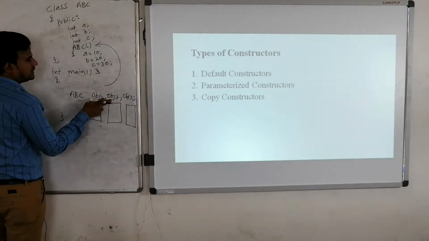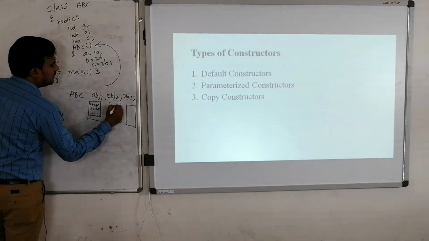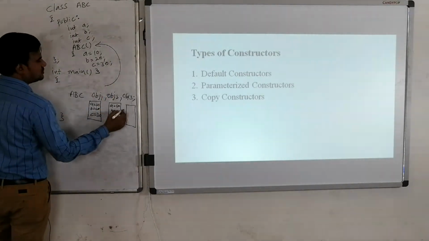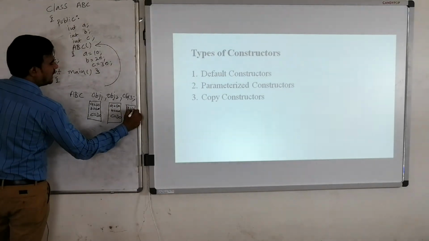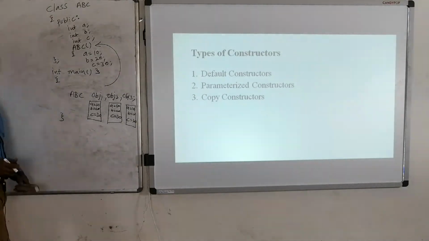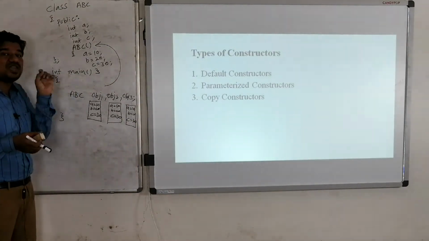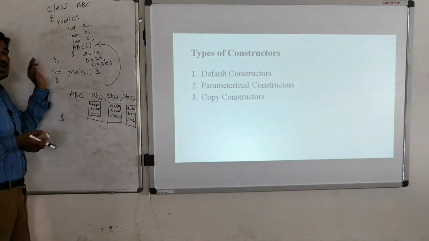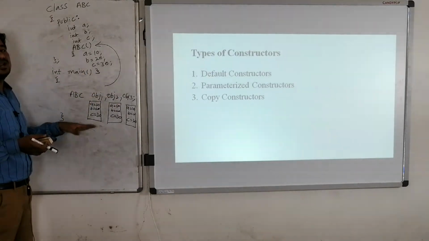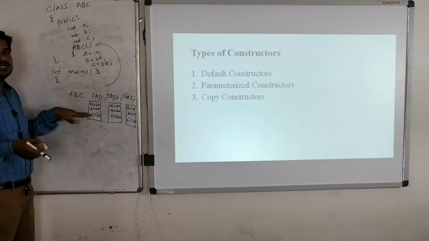Next, the second object creation, obj2, will again invoke the same constructor, so here also A will get 10, B 20, C 30. The third object will also get A is 10, B is 20, C is 30. Whenever you initialize with specific numbers inside your constructor, all your objects will get the same values for data members. So this is a problem with the default constructor.